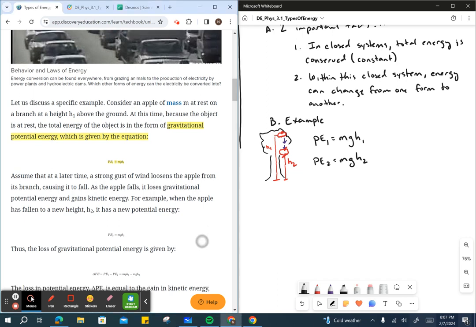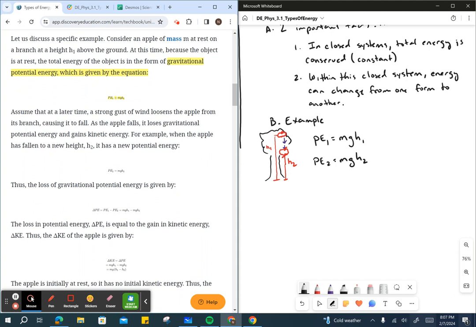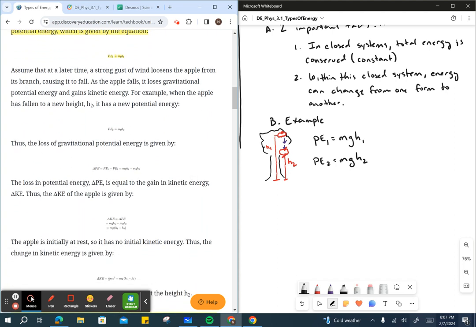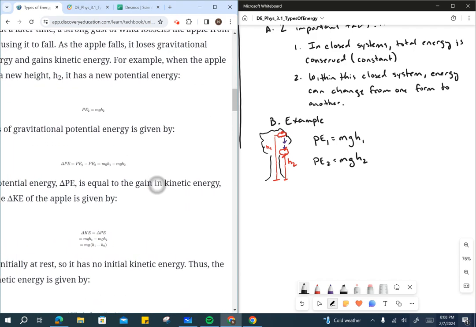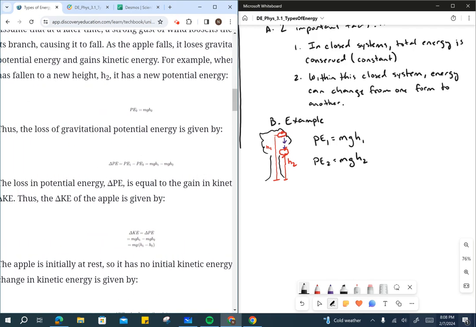Okay. So, and we're just kind of working through this right now. So the loss of gravitational potential energy is given by this equation. Delta PE, that is the change in potential energy.